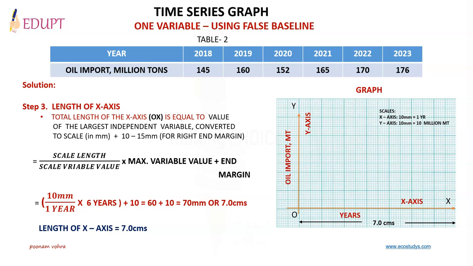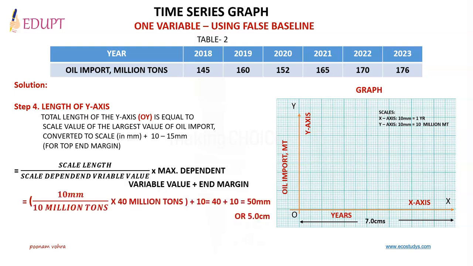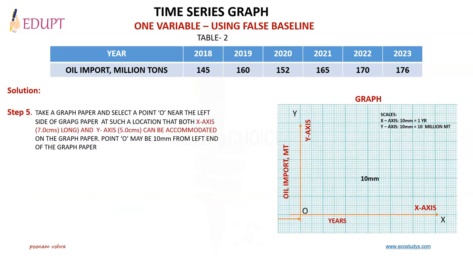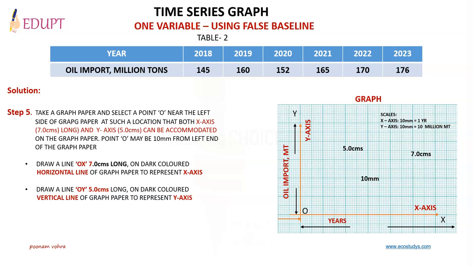So length of x-axis would be 7 centimeters. Similarly, for length of y-axis, using the same formula, we find that length of y-axis turns out to be 50 millimeters or 5 centimeters.